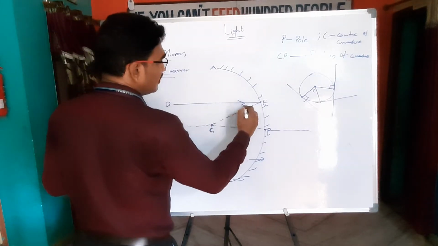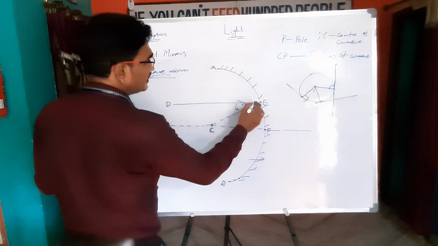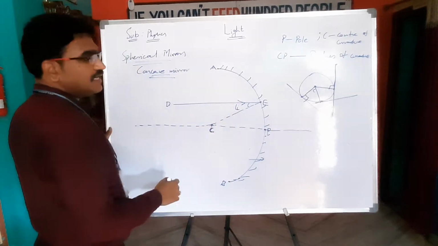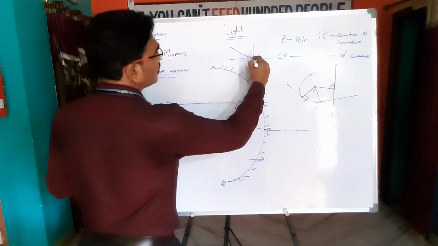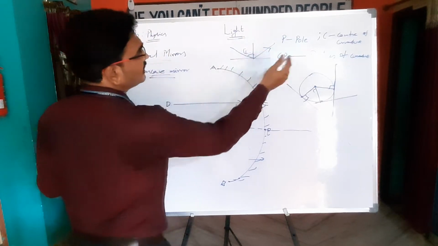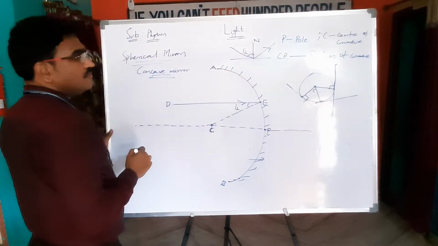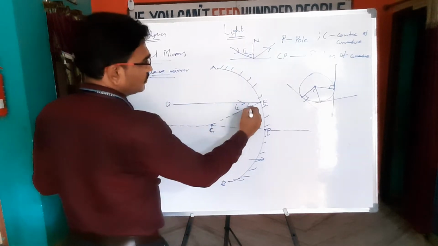If this is the normal, then what is this angle? The angle of incidence, because this is the incident ray and this is the normal. The angle between the incident ray and the normal is called the angle of incidence. Then the reflected ray we have to draw on the other side of the normal. This is the normal, this is the incident ray, then this is the reflected ray. So on this side we have to draw.